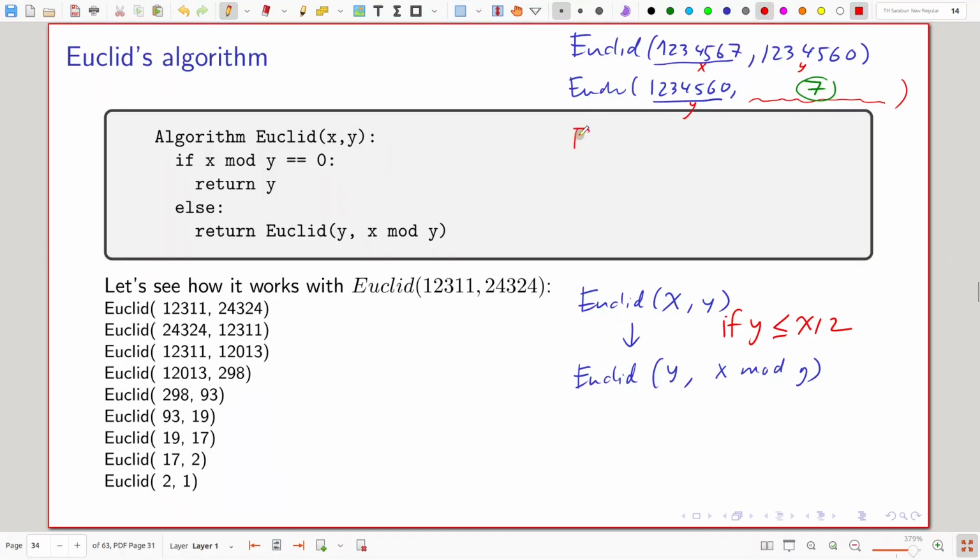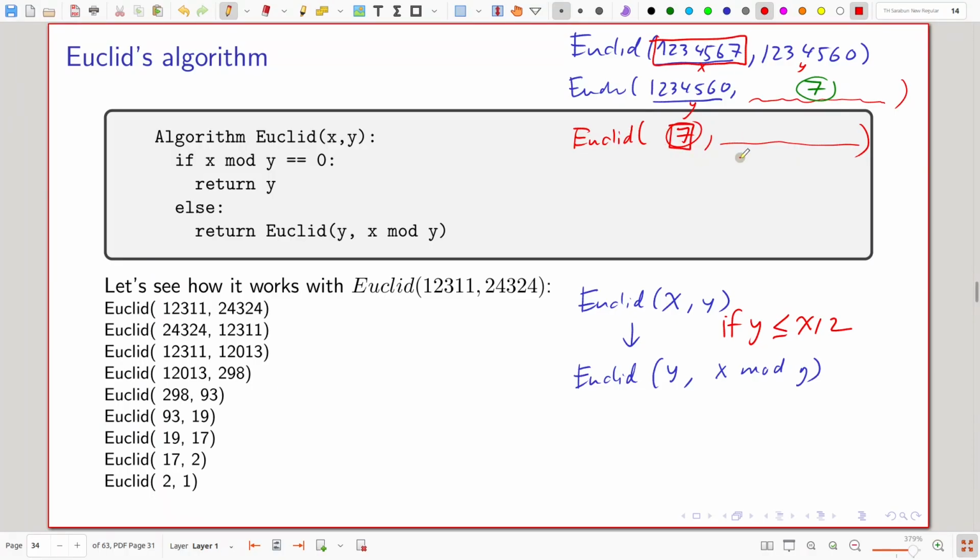The next time I call Euclid, this number will be the first argument, right? And you have something here. So we start from this and we move down to this.